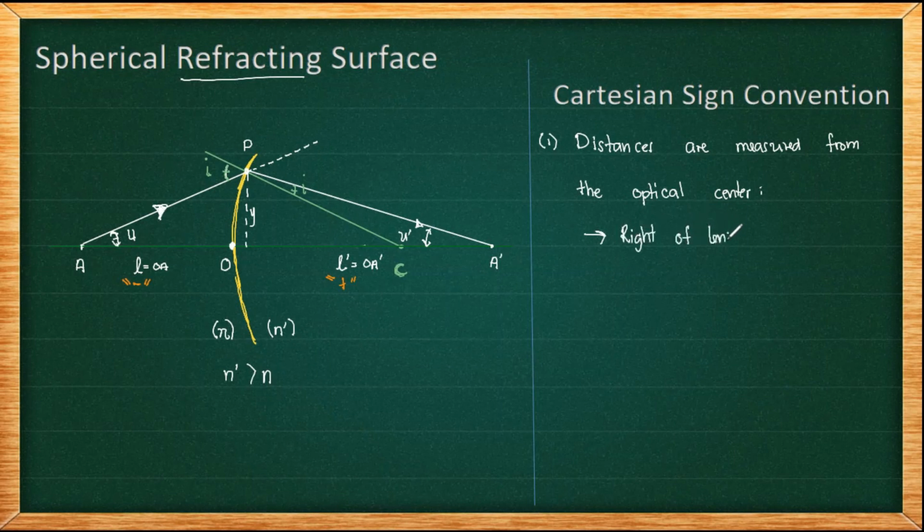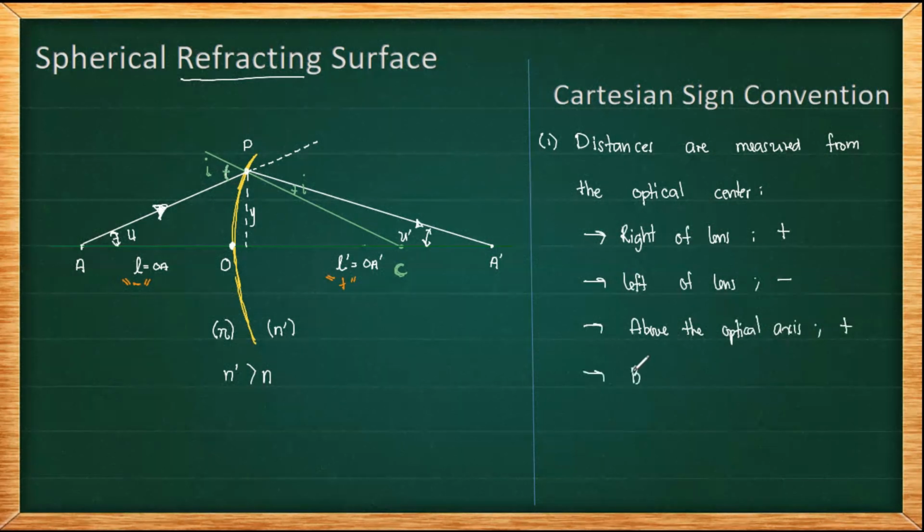So when it's right of the lens, it will be positive. So left of the lens will be negative. What else? Above the optical axis, it will be positive, and below will be negative. Okay. What else?